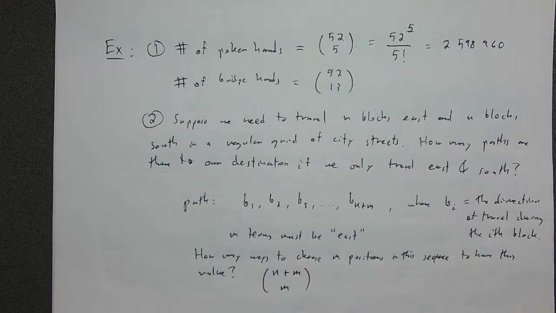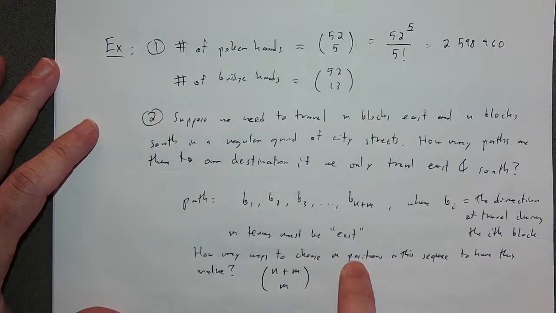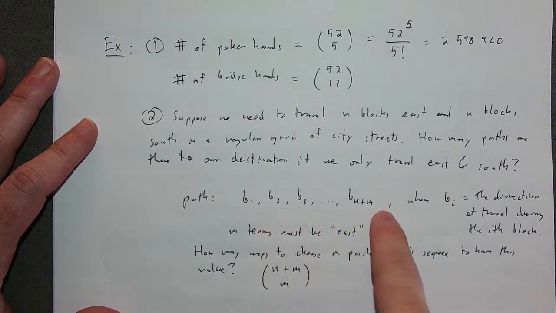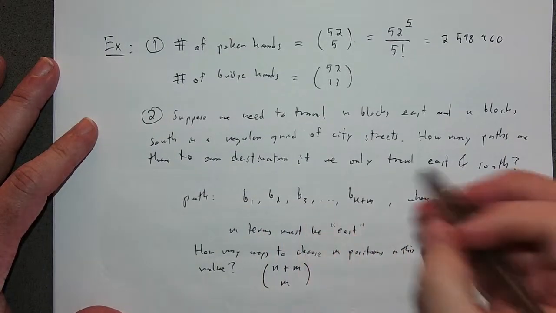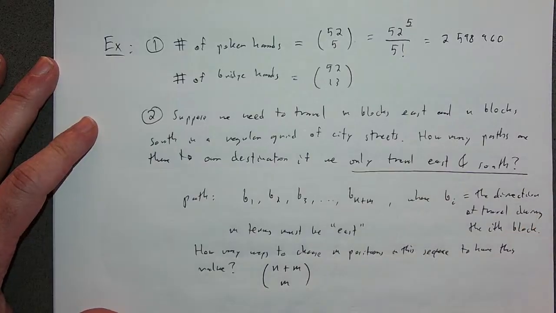If I have chosen m positions to be east, the remaining positions all have to be south since I'm only traveling east and south.